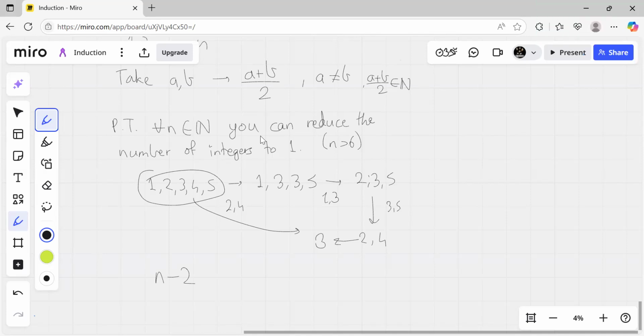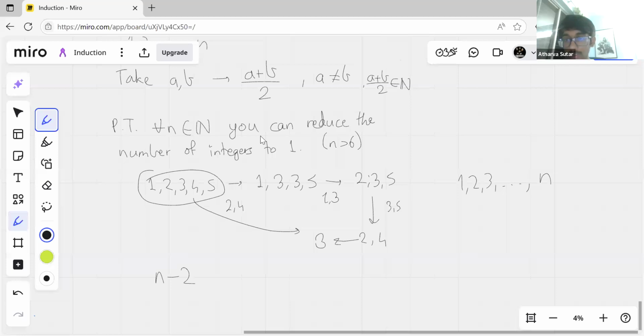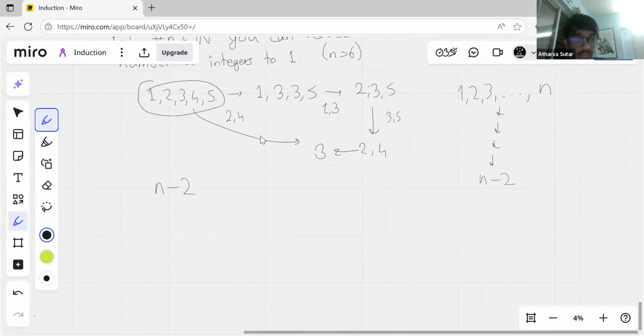The point is that after performing all the operations, you just want to prove that you end up with n minus 2. You can take it as given that there exist operations that send this to n minus 2, and the same for 9.